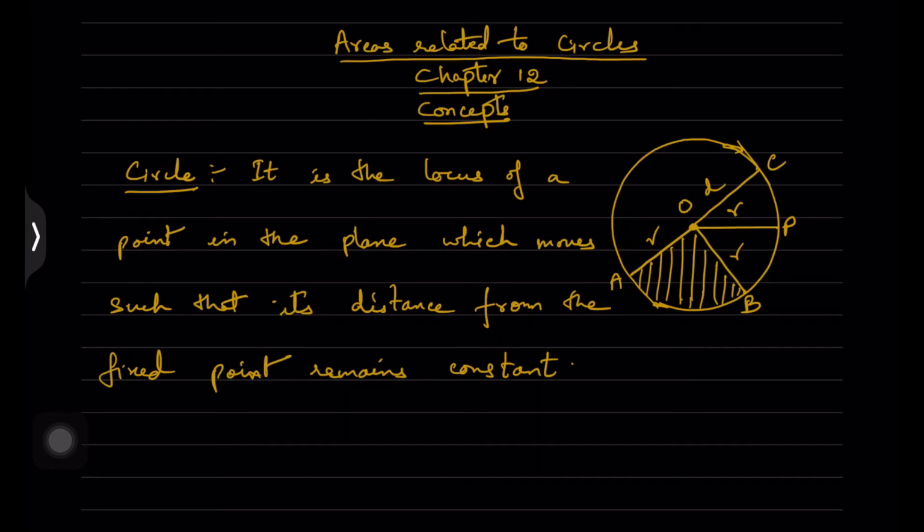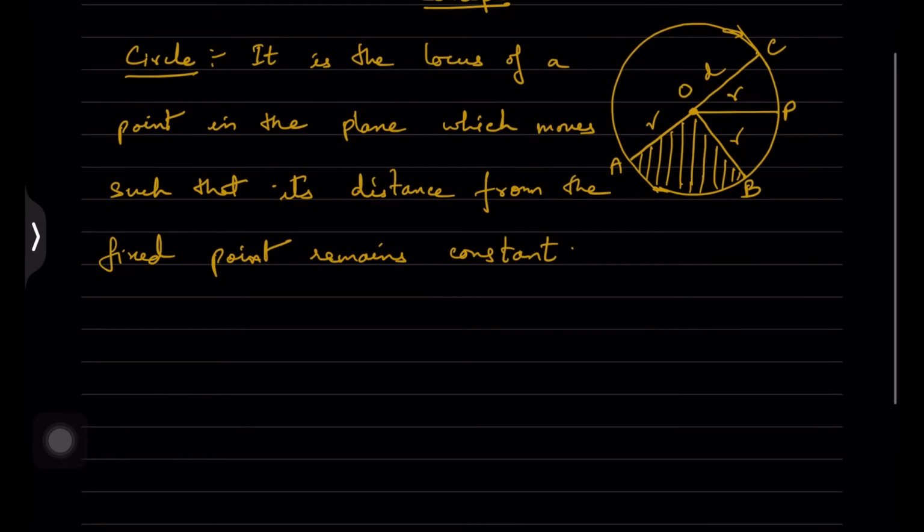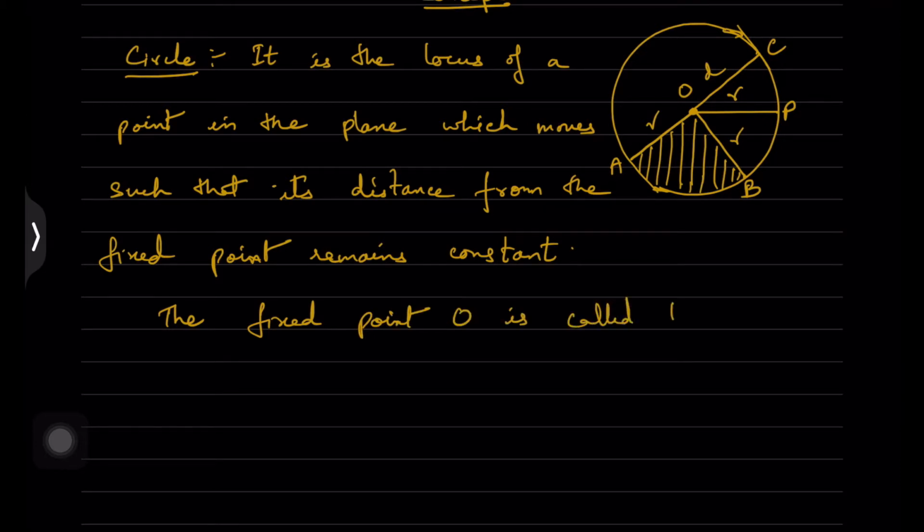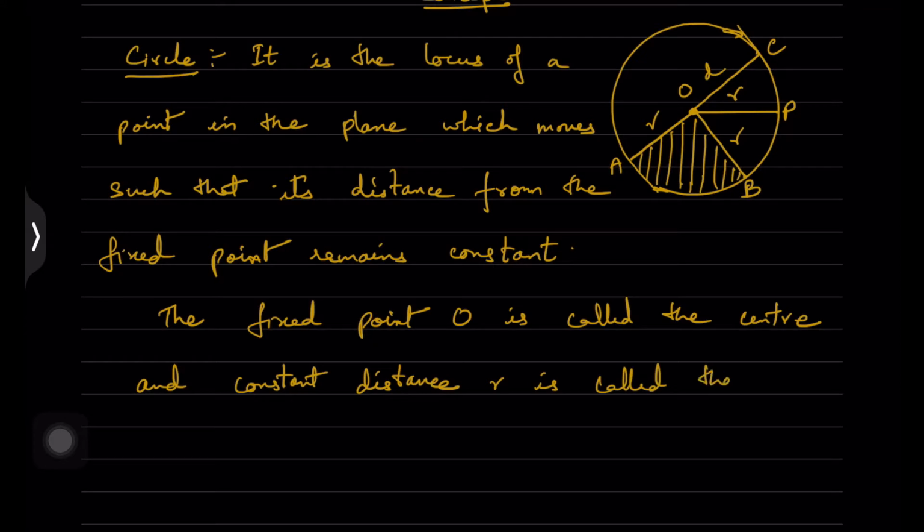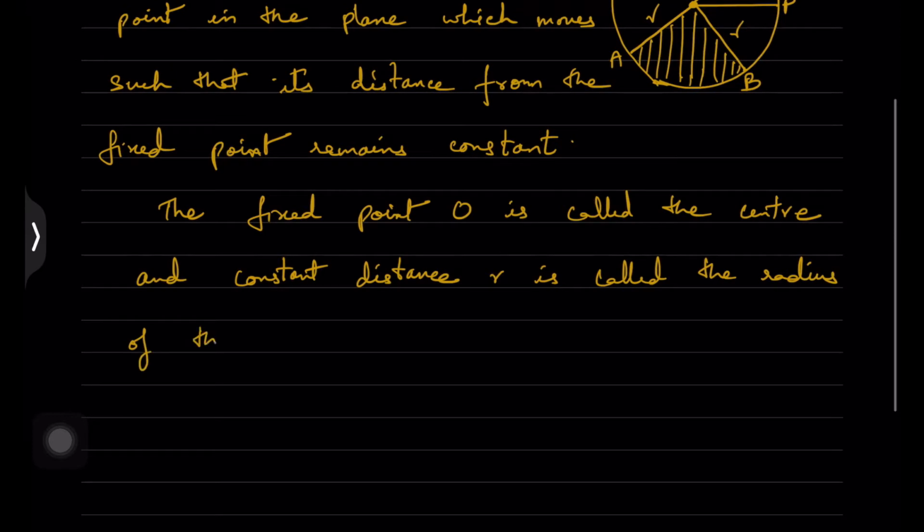So now going into what is O and what is R, and what is D, we'll just see. The fixed point O is called the center, and the constant distance R is called the radius of the circle.